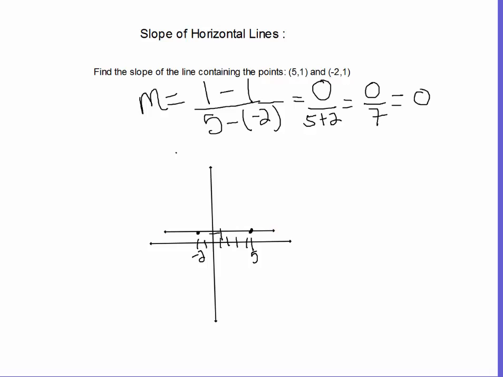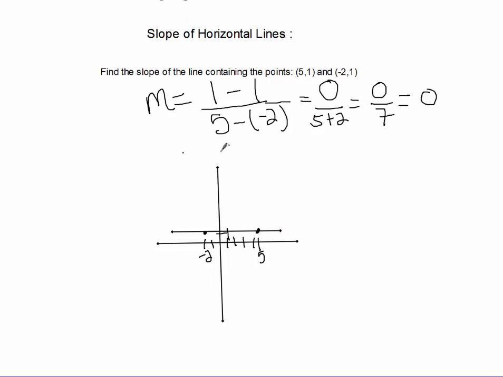And so you can see kind of like what happened with the vertical line, with this my y and this my x. Now here my y's are not moving up or down, so there is no change to go from one to the other. And that's why for horizontal lines you're always going to get 0 in the numerator, because you're not moving up or down.